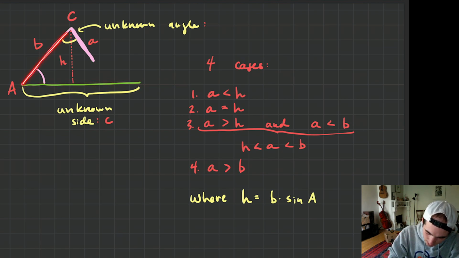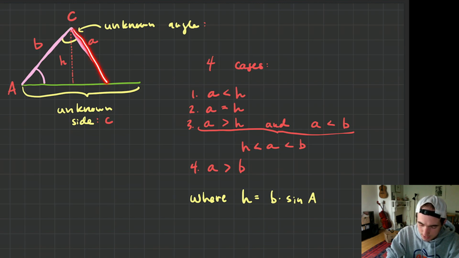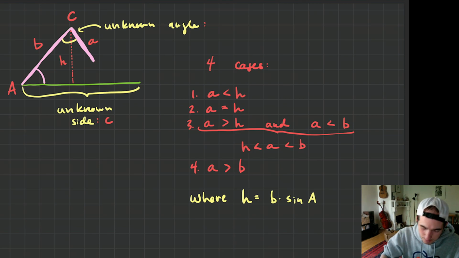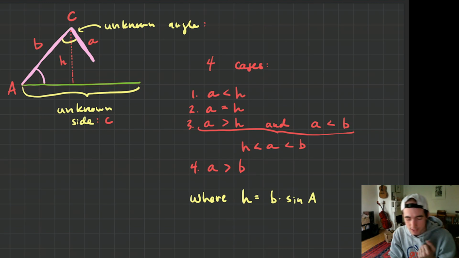All I know is the angle between these two lines, and I know this side and this side. So we're not going to worry about angle B yet, because once we figure everything else out about the triangle, then B will just reveal itself to us, and we can solve for B. But this angle is subject to change, and the length of this line is subject to change.